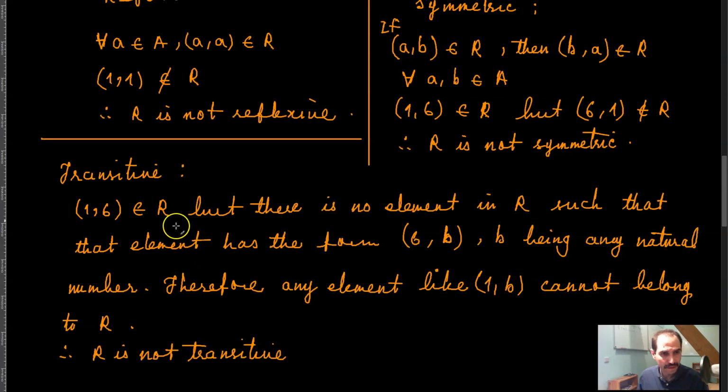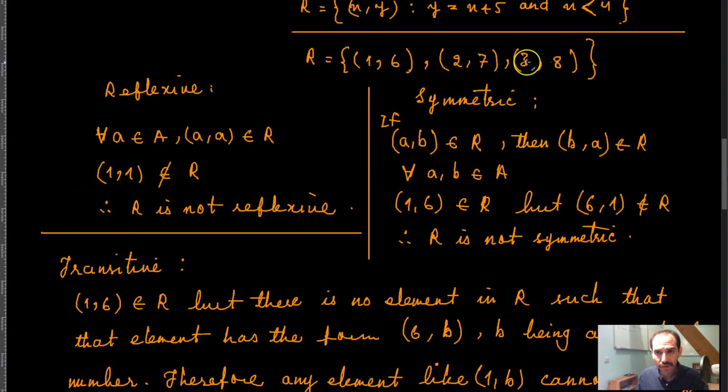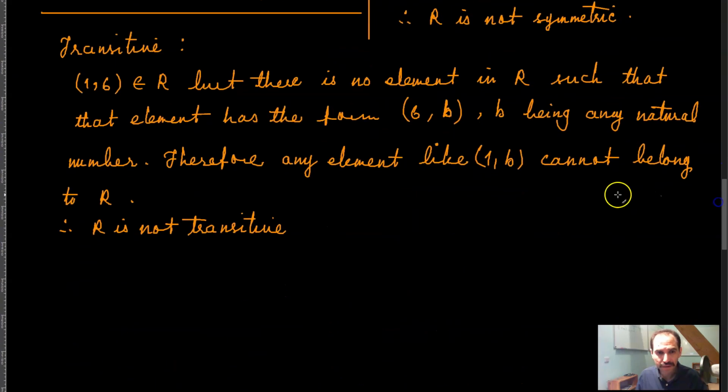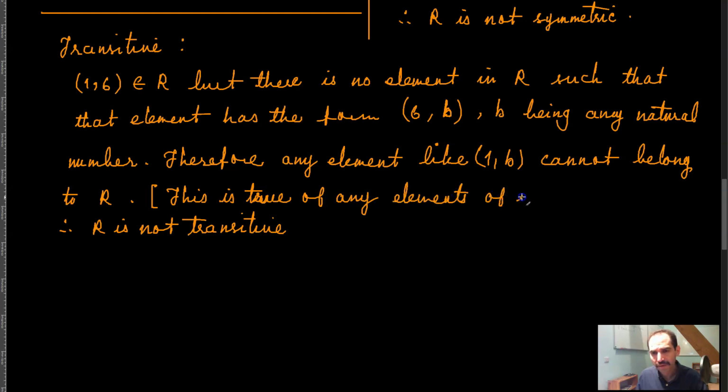Of course, this is true of any of the elements of the set R. So R is not transitive.